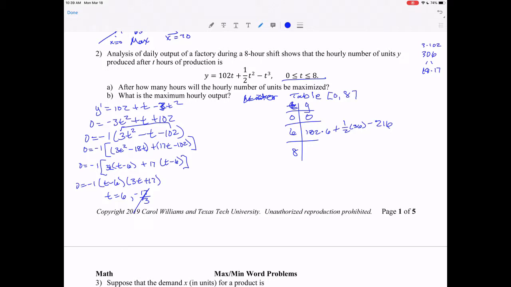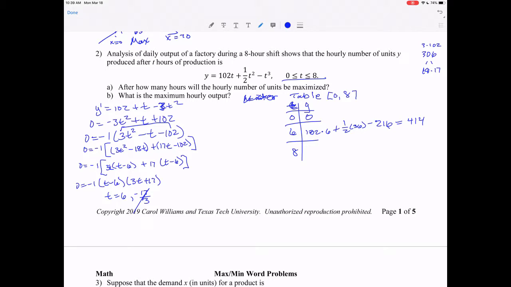Okay, so that's 102 times 6 plus 0.5 times 36 minus 216. And so this equals 414.